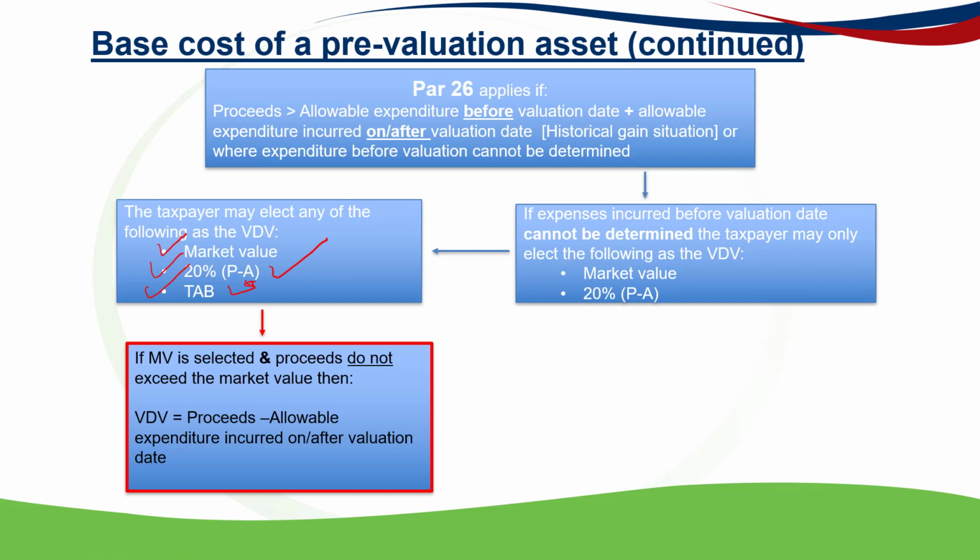So if a taxpayer has these three options and they select the market value, the next question they need to ask themselves is, does the market value exceed the proceeds? If the market value does not exceed the proceeds, then they cannot use the market value as their valuation date value, but they will have to use the proceeds less allowable expenditure incurred on or after valuation date as the valuation date value.